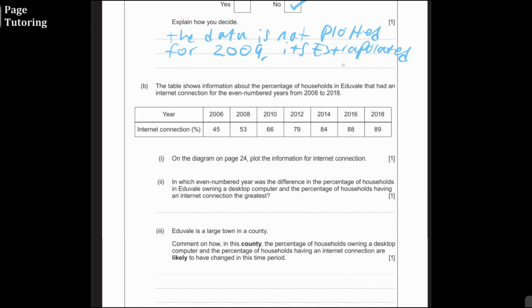Well, I suppose it's only 1 mark to gain, so it's not all lost, but it would be annoying if this isn't something that you're very good at. So keep in mind, you plot things following the x-axis first and then the y-axis. So your x-axis is your year, 2006, and your y-axis is your internet connection. So I'm just going to skip ahead to where I have plotted these points.